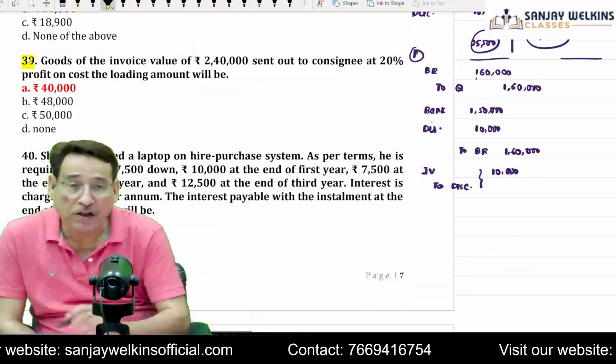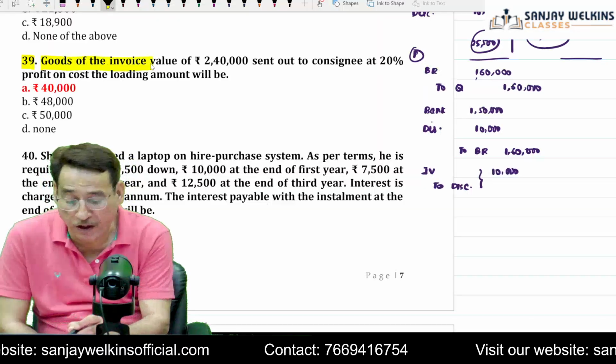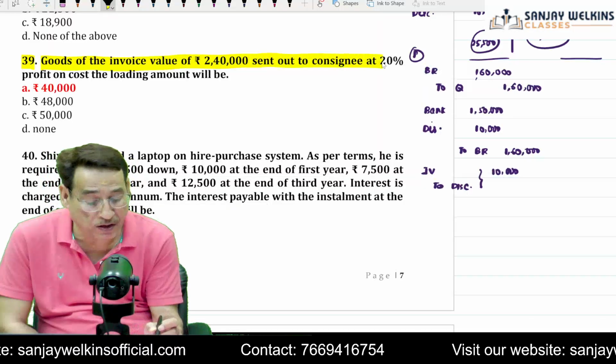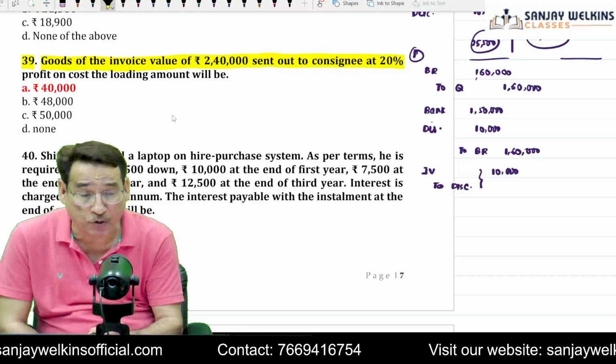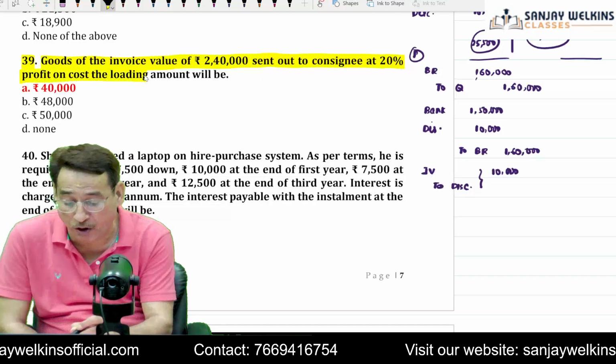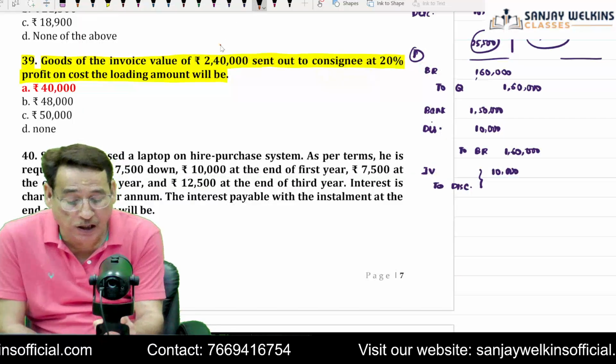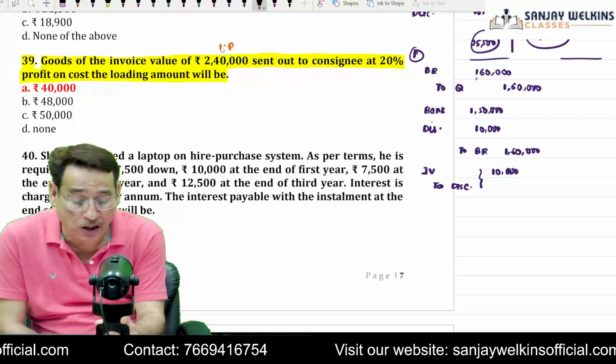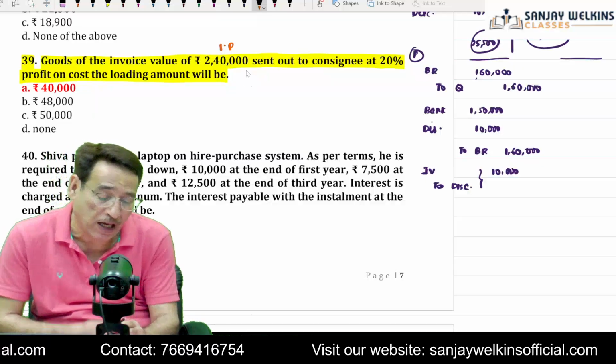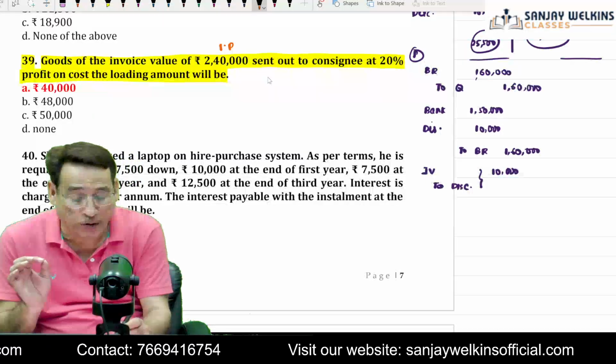In question number 39, it is stated that goods of the invoice value of 2,40,000 are sent out to the consignee at 20% profit on cost. The loading amount will be? Now this is the invoice value of the goods given to you. So in order to know the amount of loading, you will have to apply the rate of loading on invoice price.